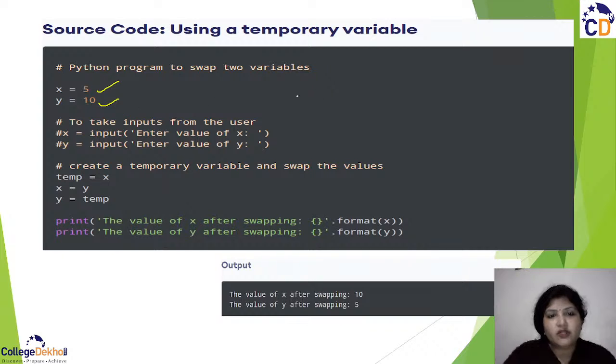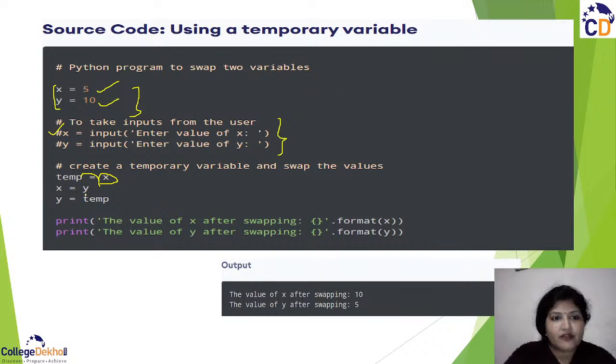Or it might be possible we are not taking it as an assigned value, we might be taking it as input from the user, right? So if you are taking input, you can just declare this part as a comment, right? So here we shift the value of x to temp, right?